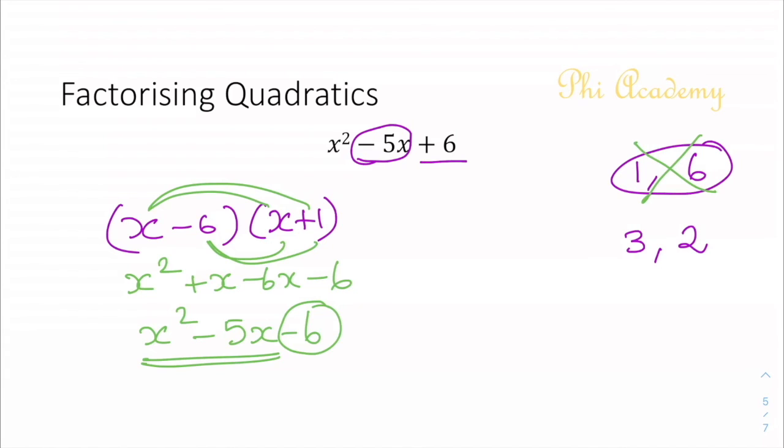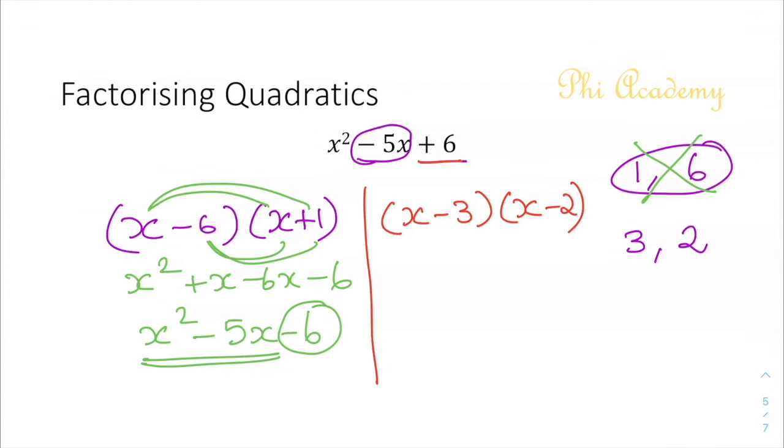So we have plus 3 and plus 2. How can I multiply two numbers to give me a positive 6? Both the numbers have to be negative. So I have x minus 3 and x minus 2. Let us expand this and check. x times x is x squared, x times minus 2 is minus 2x, minus 3x, and finally plus 6.